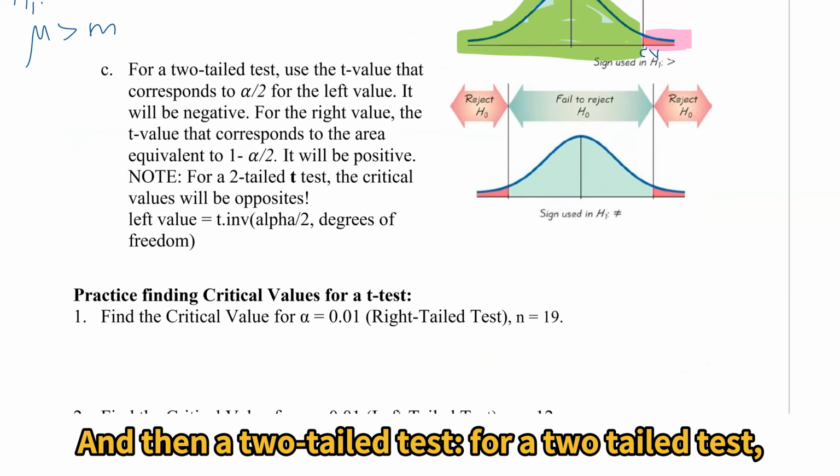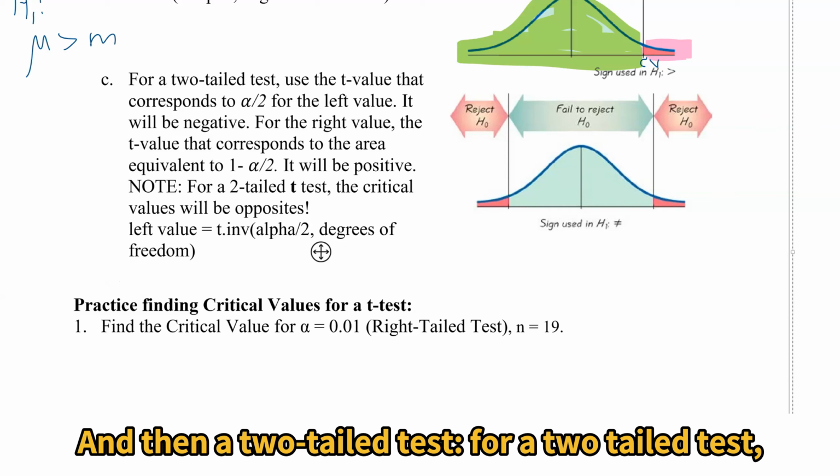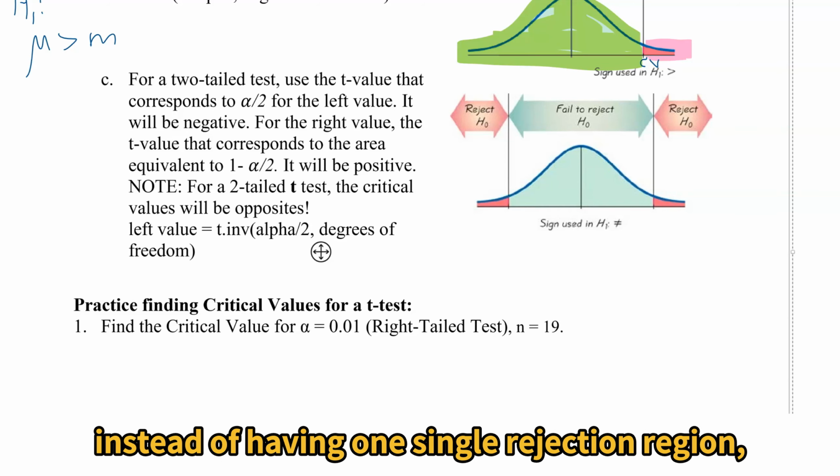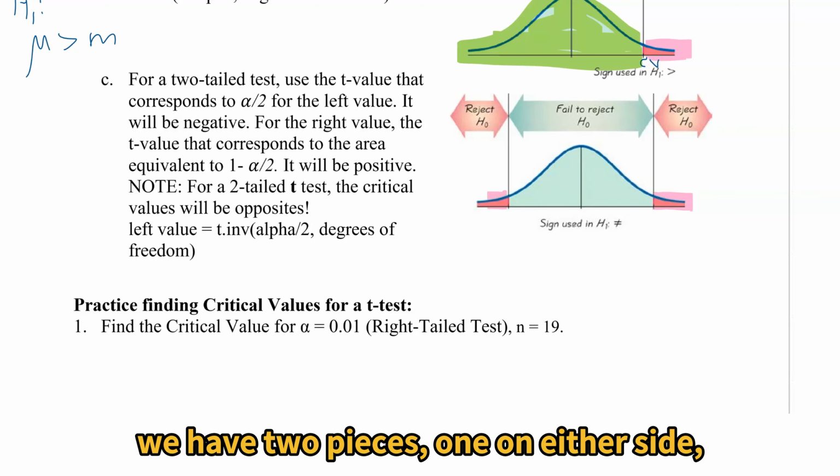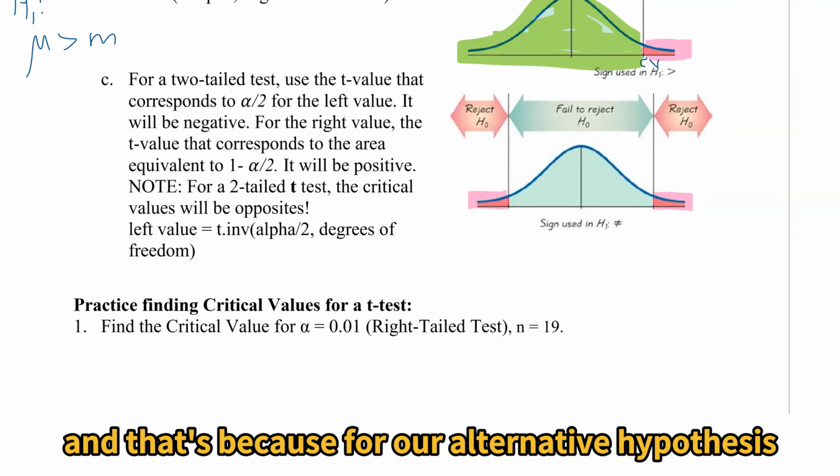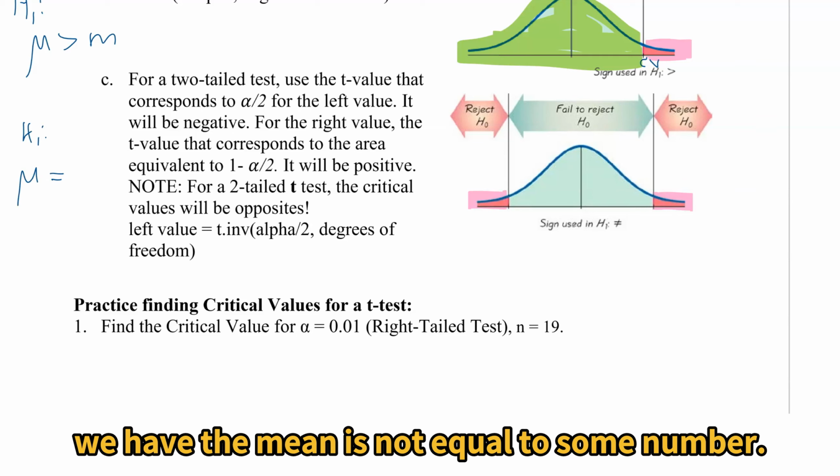And then a two-tailed test. For a two-tailed test, instead of having one single rejection region, we have two pieces, one on either side. And that's because for our alternative hypothesis, we have the mean is not equal to some number.